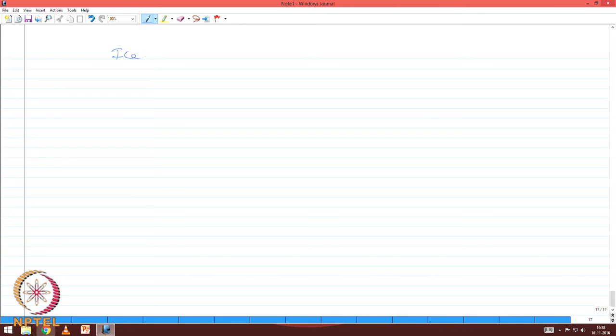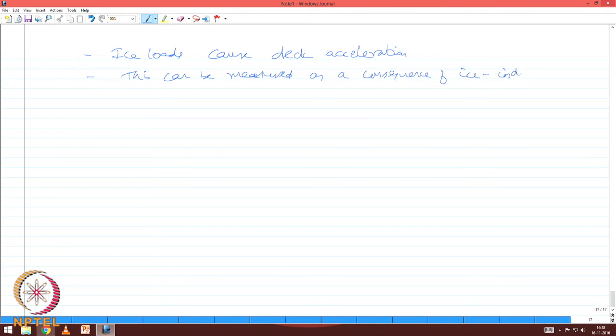Now, as a result, we understood that ice loads can cause deck acceleration, which can be measured as a consequence of ice induced vibration.